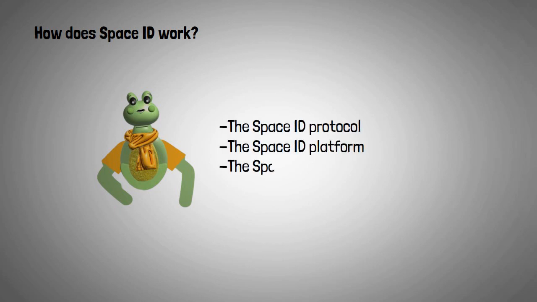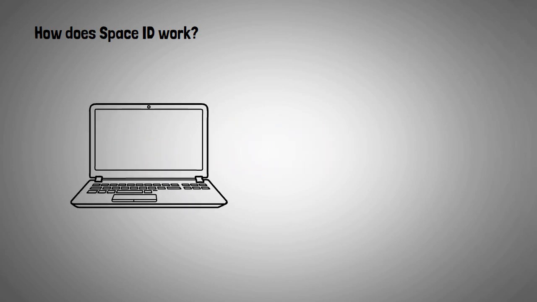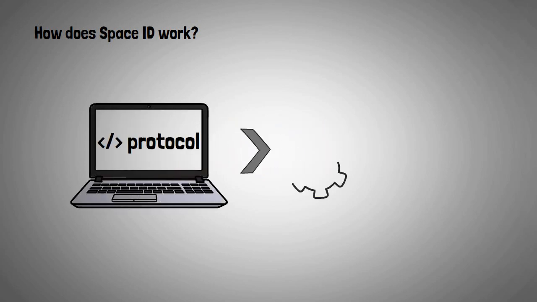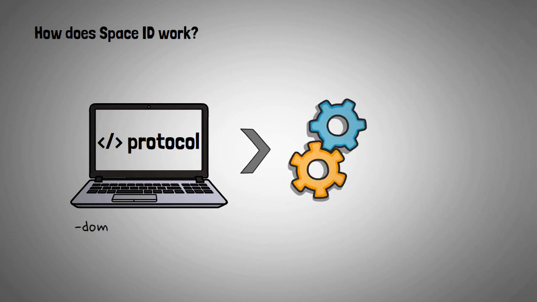So, how exactly does Space ID work? At the heart of Space ID's modular and scalable architecture are three main components: the Space ID protocol, the Space ID platform, and the Space ID DAO. The protocol is like the machine that powers the entire system, providing core functionality for Web3 domain registration, resolution, and management.